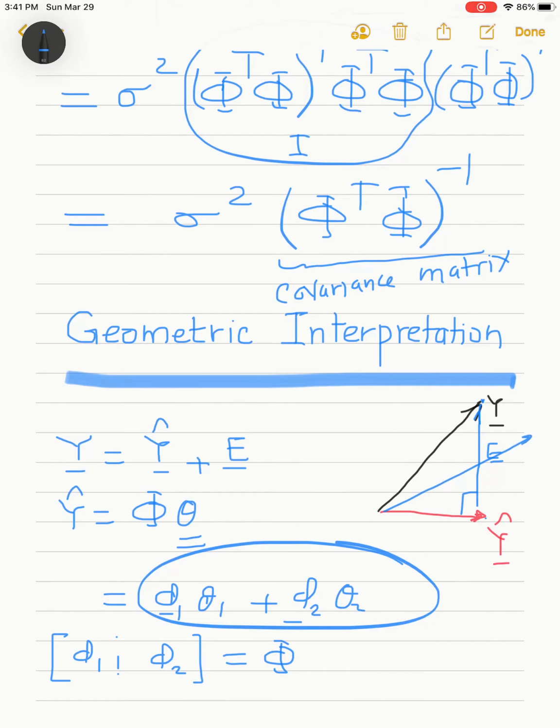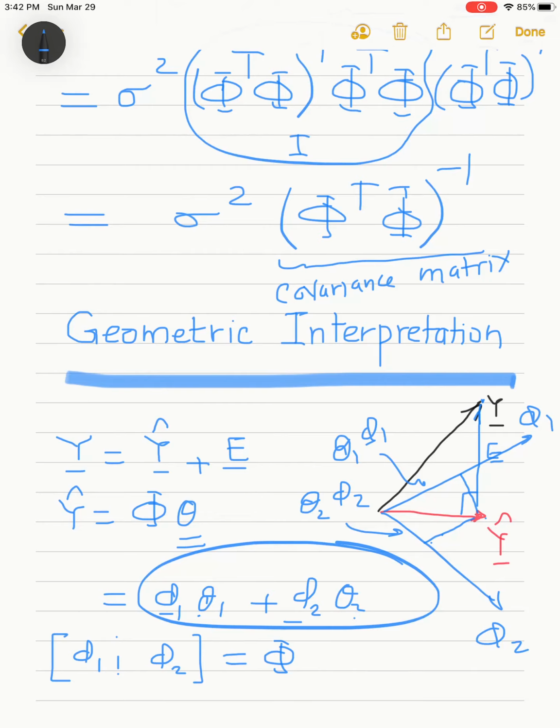The first one I am going to call phi 1, and the second one phi 2. What we normally do is to select theta 1 and theta 2, so I project the vector y hat on the basis functions. So what I get here is a length equal to theta 1 times phi 1, and here a length theta 2 times phi 2.